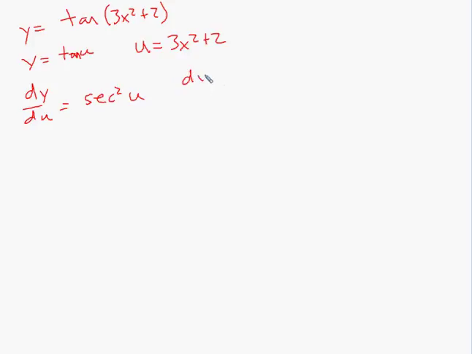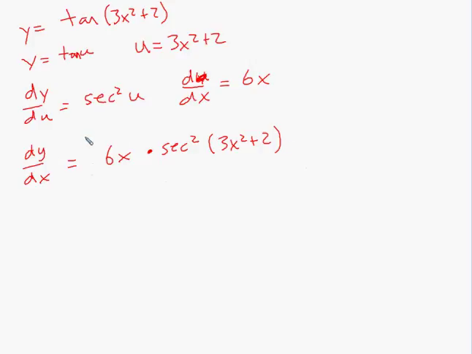And what's du dx? 6x. Okay, that means dy dx, the derivative of this with respect to x, is 6x times secant squared, and then I replace the u with 3x squared plus 2.